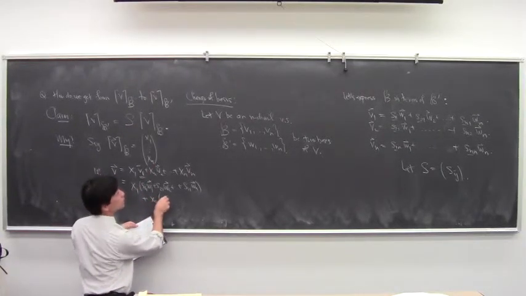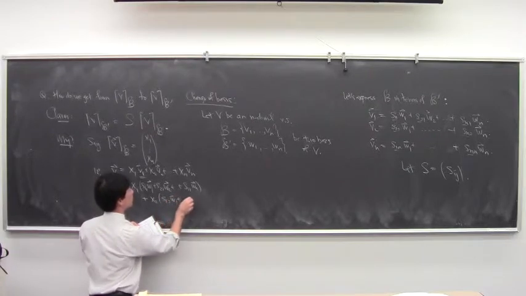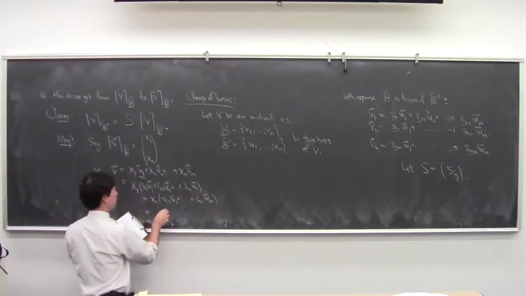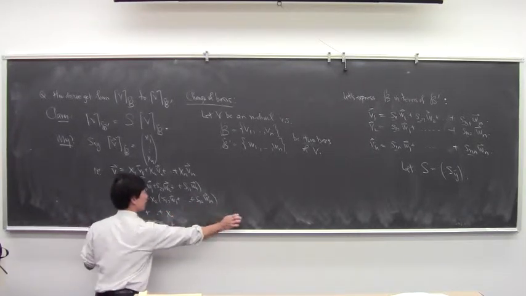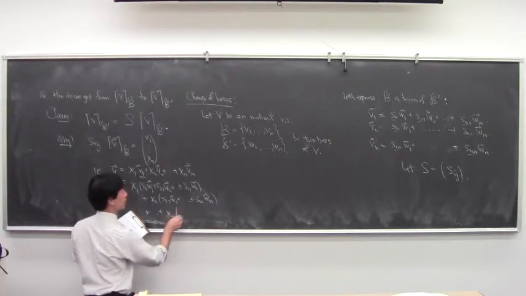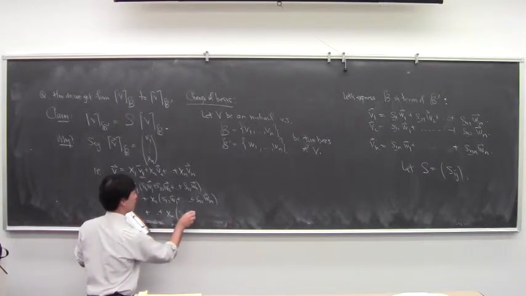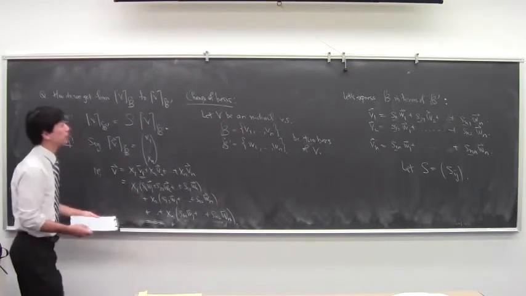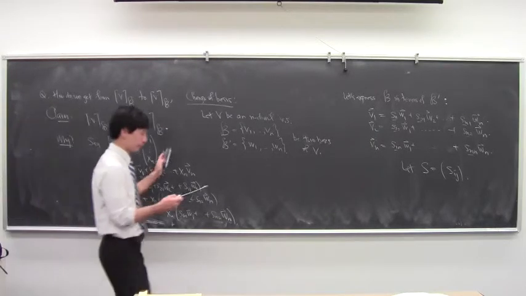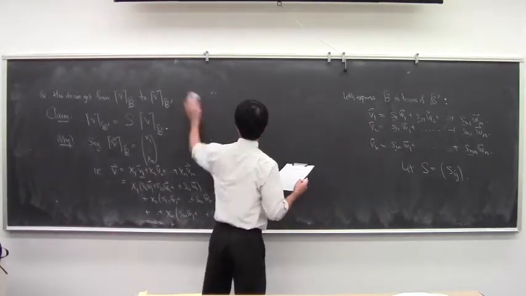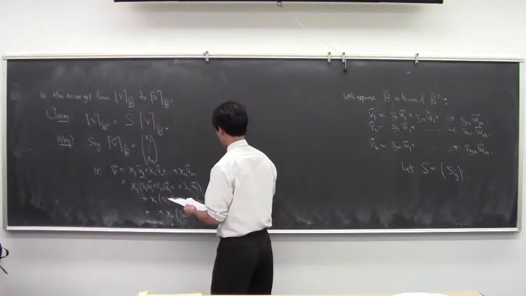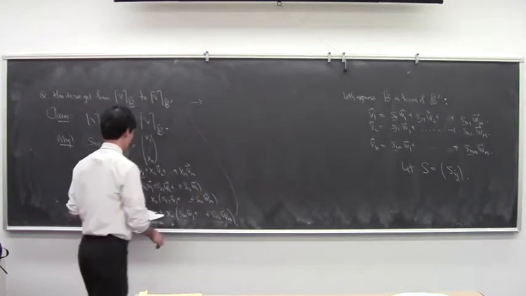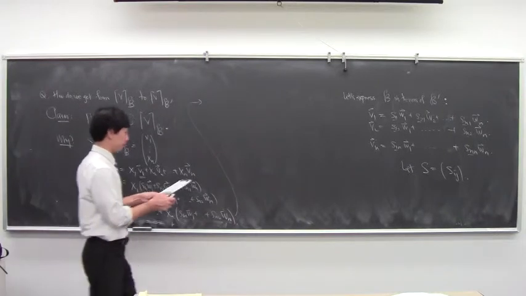V2 is S12 W1 plus ... Sn2 Wn. You get xn times Vn, and Vn was S1n W1 plus ... Snn Wn. Now we look at how many W's we have.